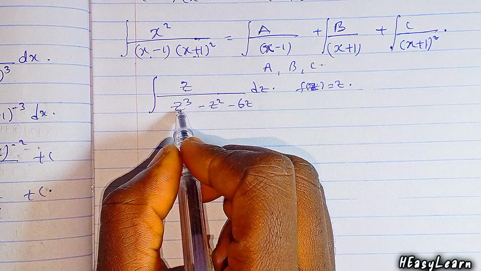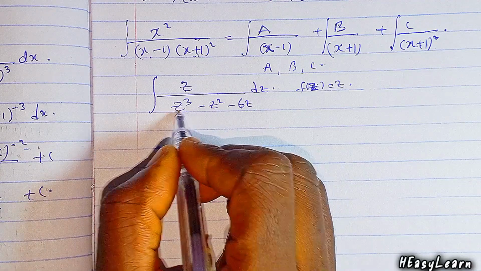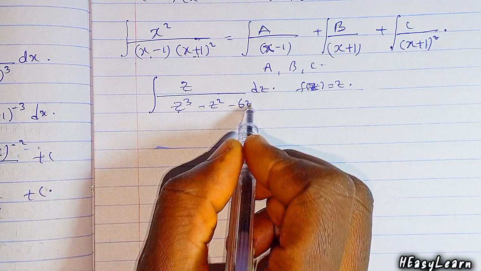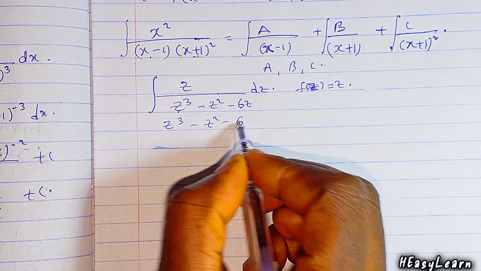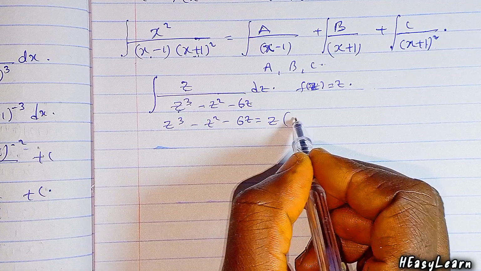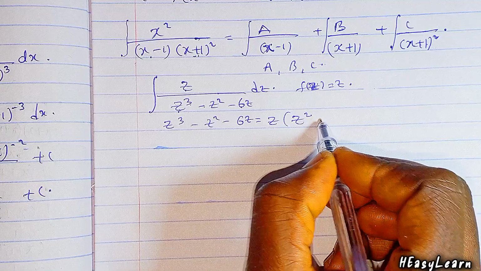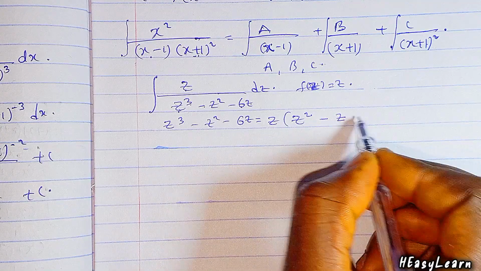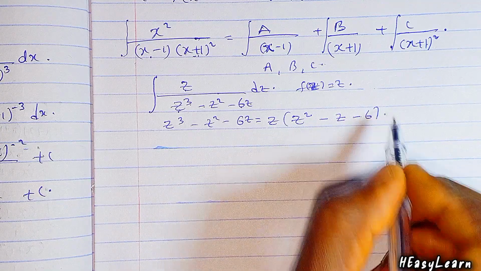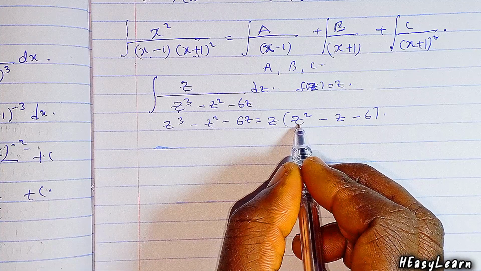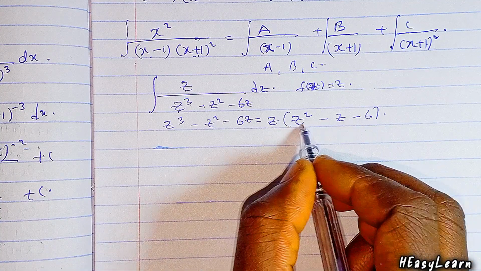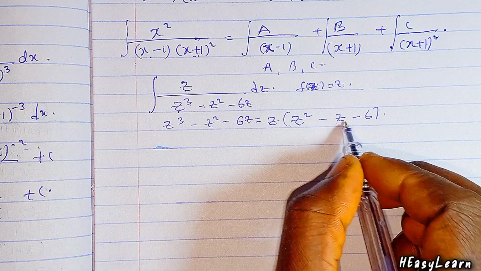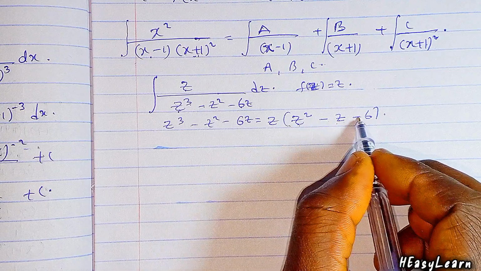So what is going to be the factor of z cubed minus z squared minus 6z? z is common. We have z squared minus z minus 6. Again, what is this? This is a quadratic equation. We have to also find the factors of z squared minus z minus 6.